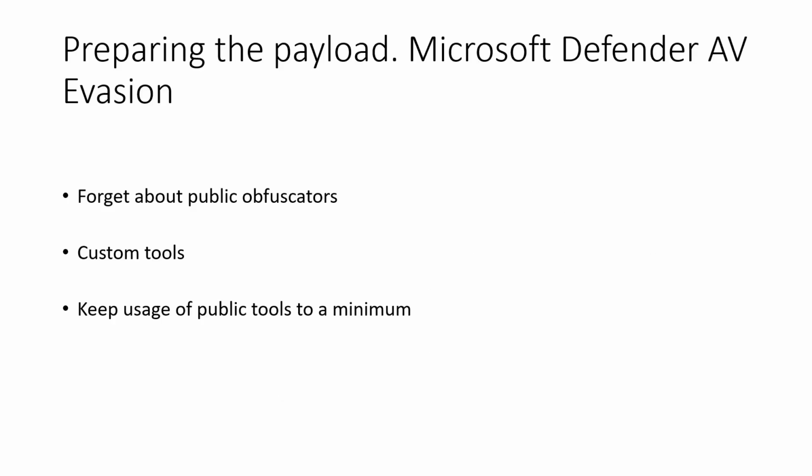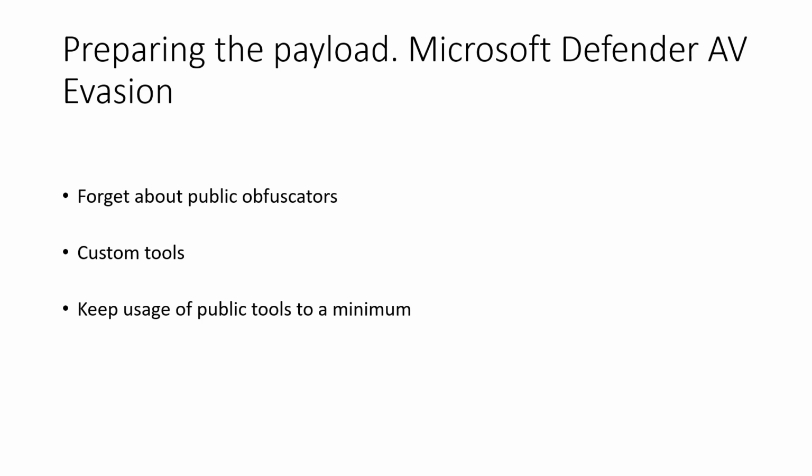All right, so let's take a look at the first stage, which is preparing the payload and Microsoft Defender AV evasion. If you want to evade antivirus, first of all, some general thoughts. Forget about public obfuscators. What do I mean by public obfuscators? Veil-Evasion, Fat Rat, Backdoor Factory.